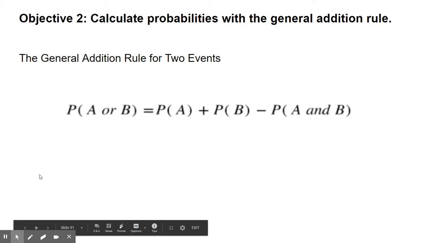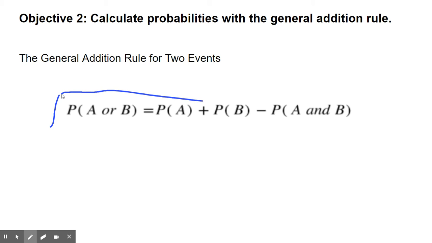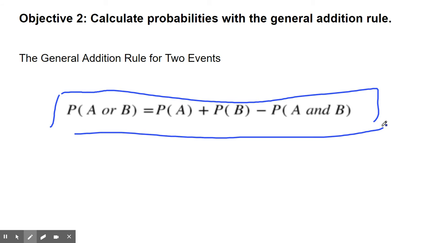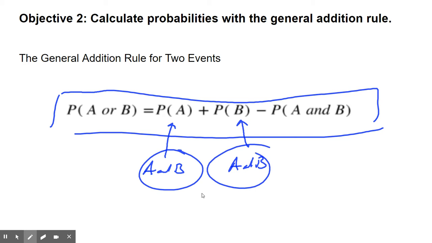Okay, now what happens if the events can occur at the same time? Well, now you have to use this formula. The probability of A or B happening is the probability of A plus the probability of B minus the probability of A and B. And the reason is the following. Within the probability of A happening is A and B. Same thing, within the probability of B happening is A and B. So you're counting this twice.